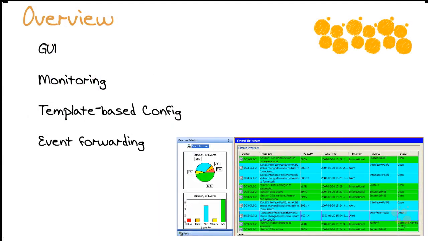So again, we are dealing with a graphical user interface. And the graphical user interface really shines in the area of monitoring, as I indicated. As a matter of fact, the monitoring is an engine that includes event forwarding capabilities.